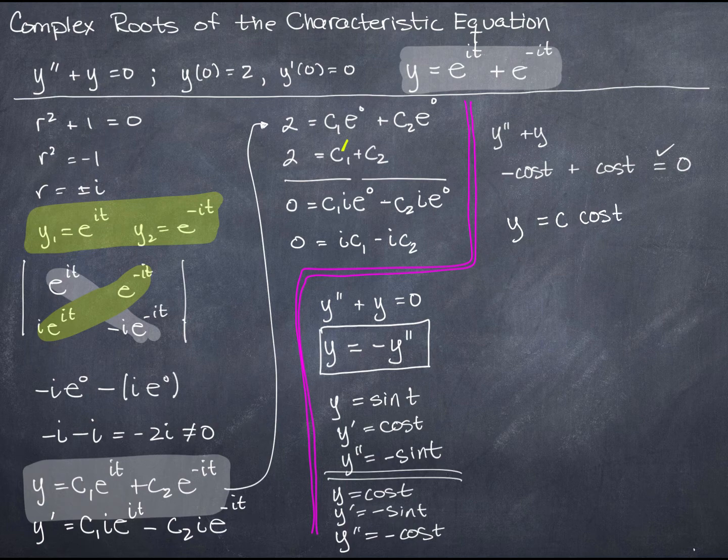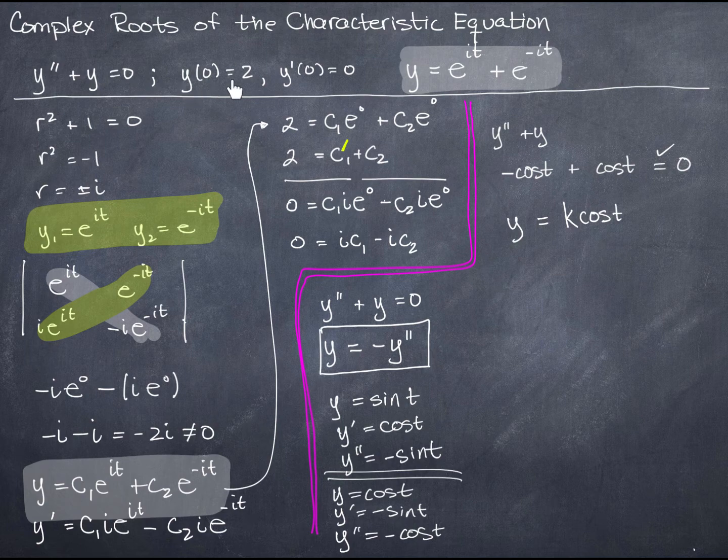I should probably use something other than c here because c and cosine are confusing. I'll use k. If y equals the cosine of t is a solution to this differential equation, then y equals some multiple of the cosine of t is also a solution. And we're looking for a particular solution here.